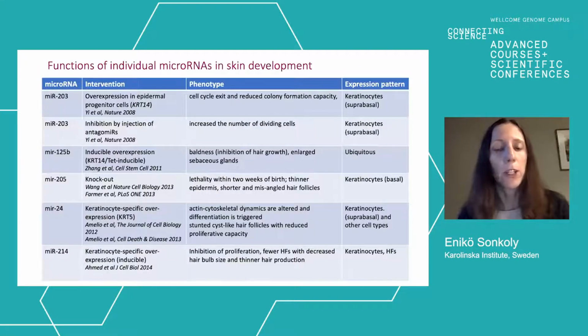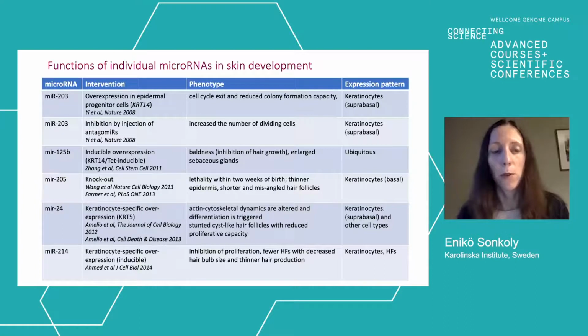These are just a few examples of microRNAs which are expressed abundantly in the human skin, and in particular in the epidermis, and which have been modulated either by knockout, or by generation of transgenic animals overexpressing these microRNAs specifically in the epidermis, or by inhibition of these microRNAs by injection of antagomirs.